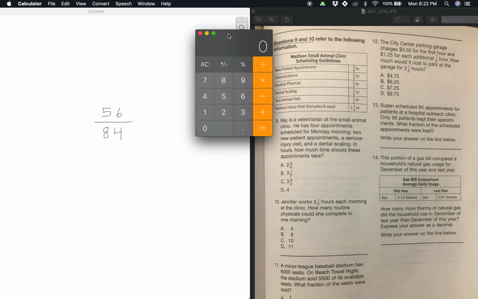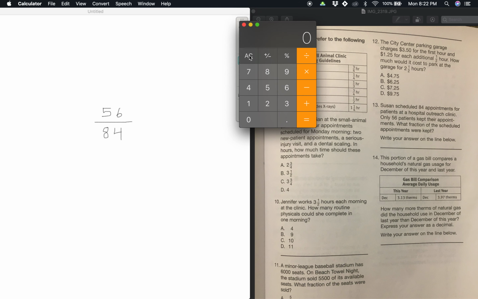So does 84 divided by 28 equal... okay, I'm not sure why that didn't work last time.